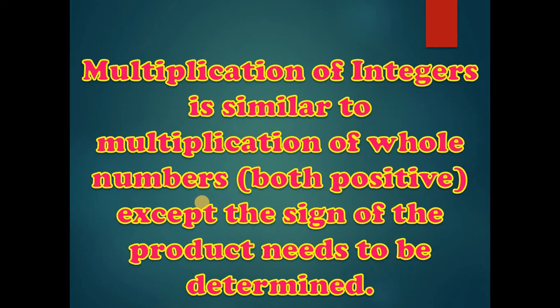So both positive, yan na yon, nagsimula na kayo kung paano mag-multiply ng integer. Except the sign of the product needs to be determined. So nagkakaiba lang kung meron ng sign. Doon lang tayo nagkakaiba. So mamaya tuturo ko kung paano mag-multiply kung meron siyang mga sign. Like for example, mga negative.